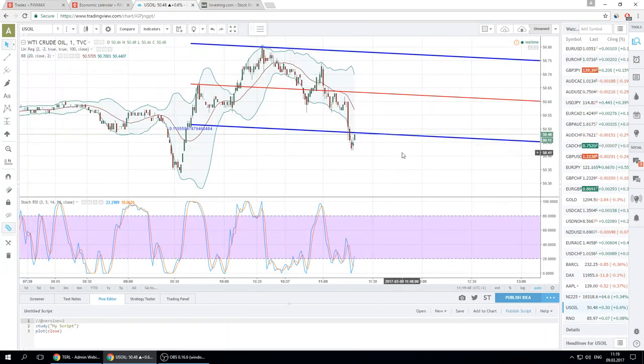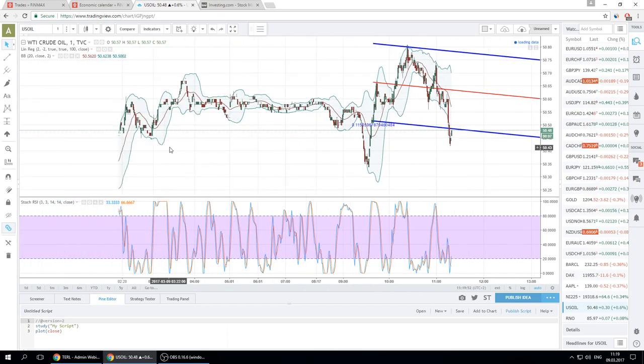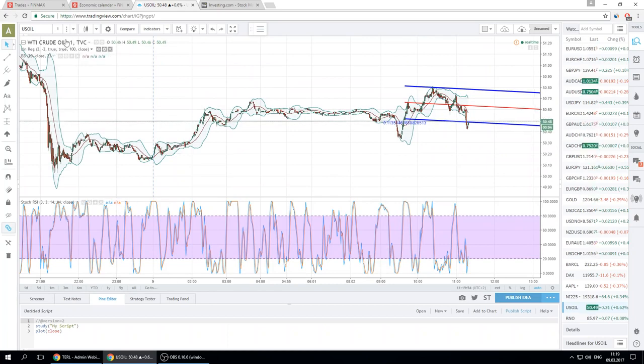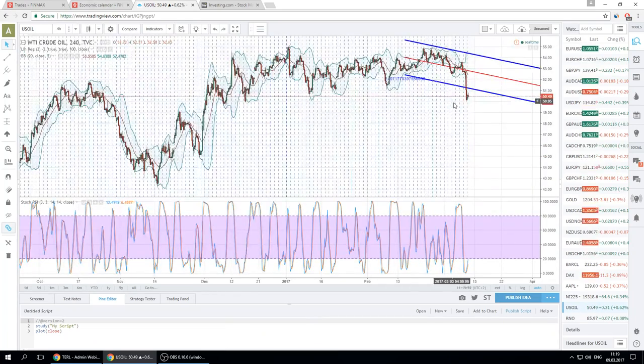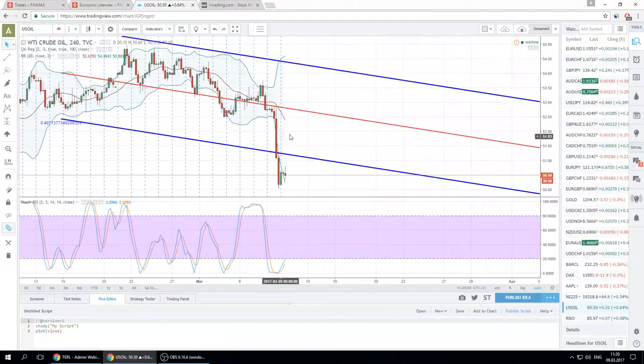Oil. After yesterday it fell, well, you see that yesterday the price on oil fell pretty hard, and today, well, for the long term it's hard to tell.